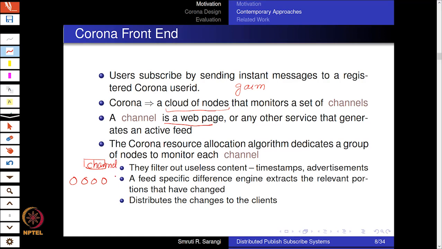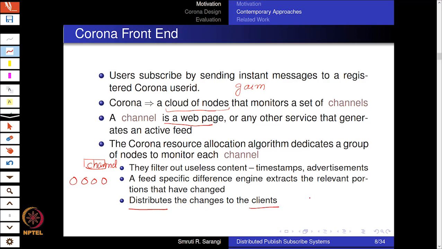They will filter out useless content, which can include timestamps and advertisements and things that clients don't need. Then a difference engine will extract the relevant portions that have changed, and these new updates will be distributed to the clients.